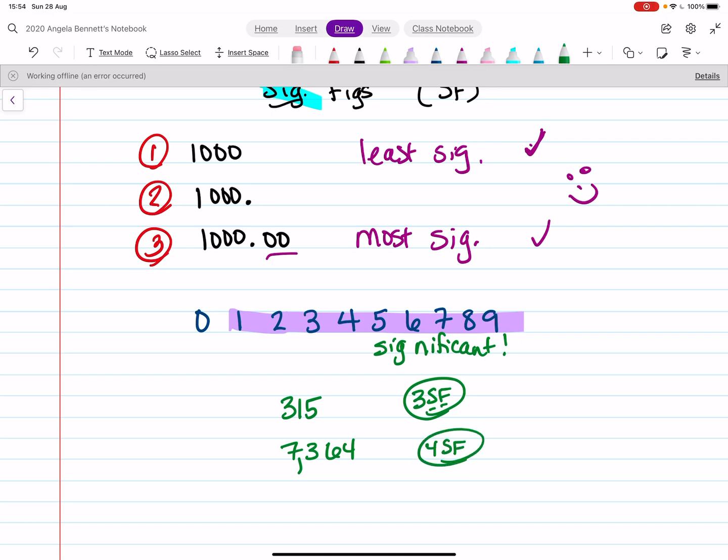So that's easy, right? Now the problem comes in with this darn 0. 0 causes problems. So there are rules. Textbooks have rules, rules online, so on and so forth. And they give you some rules to figure out if 0 is significant, because guess what?